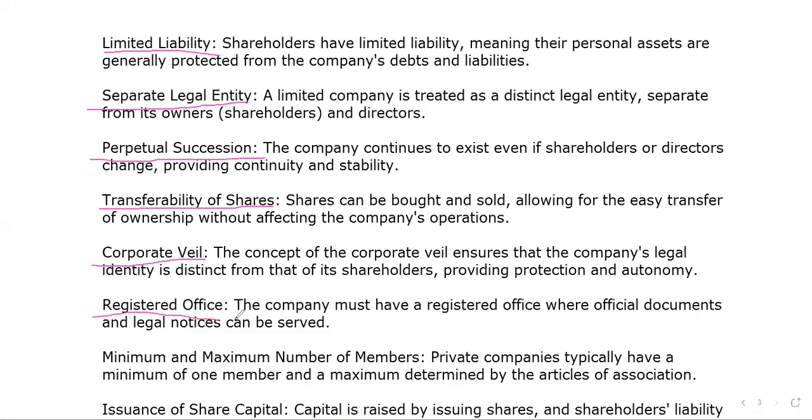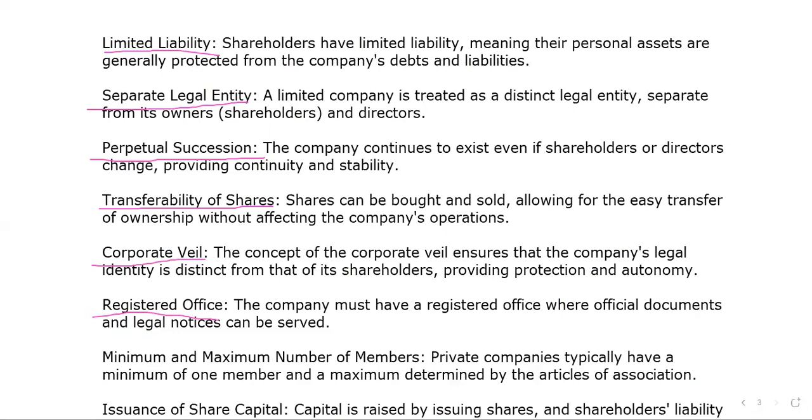The other feature is that of a registered office. So a company must have a physical registered office where official documents and legal notices can be served. Company has a minimum and maximum number. So private companies usually have a minimum of 1 member, and the maximum is determined by the Articles of Association. The other characteristics relate to the issuance of what? Share capital.